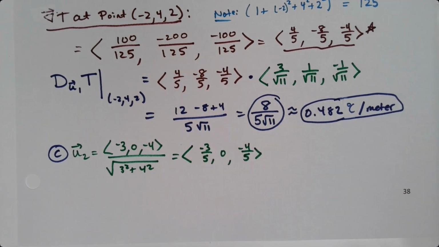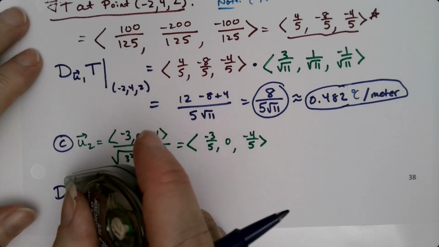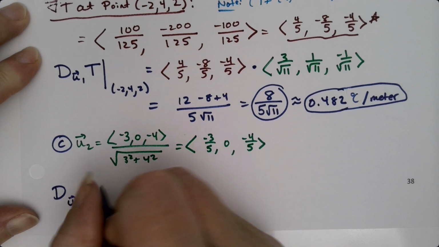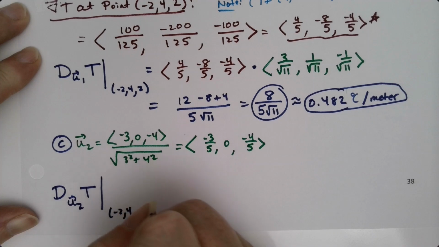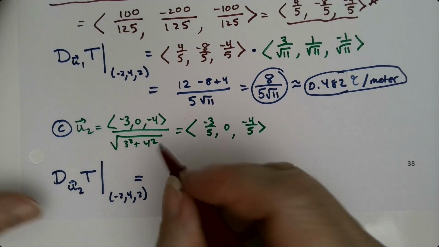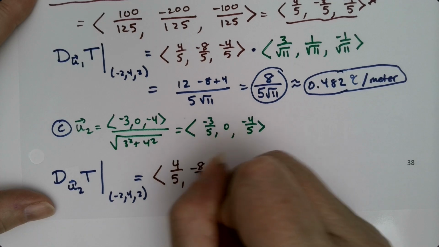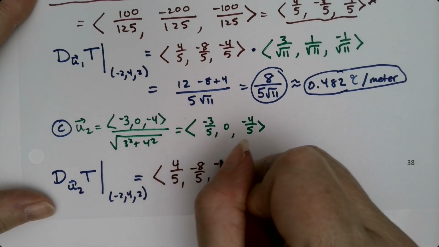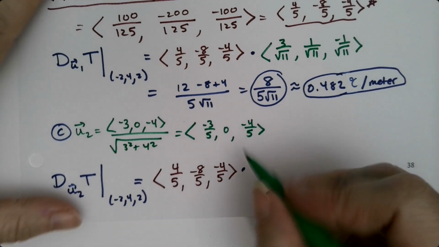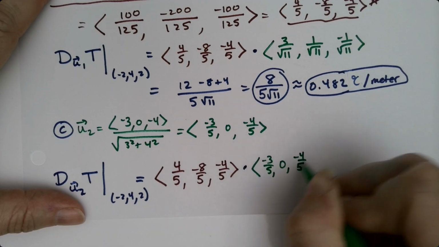So the directional derivative, but this time in the direction u2, not u1, of the temperature function at the point (-2, 4, 2). So it's not just generic, it's just the ones we found, because we're using these particular values at this particular point. So (4/5, -8/5, -4/5), dot product with our new direction vector, which is (-3/5, 0, -4/5).